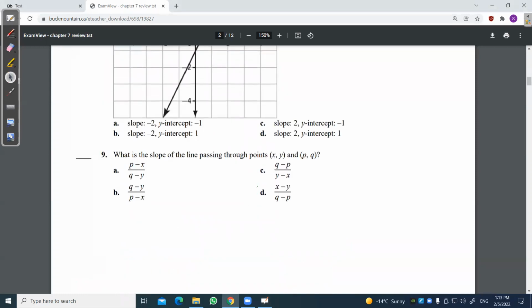What is the slope of the line passing through points (x, y) and (p, q)? Is it A?